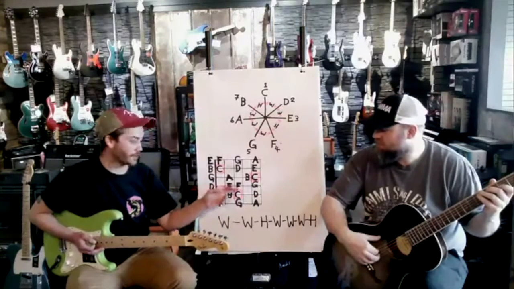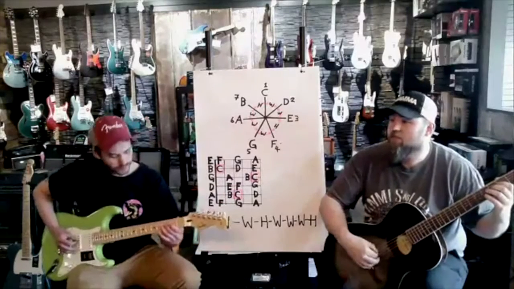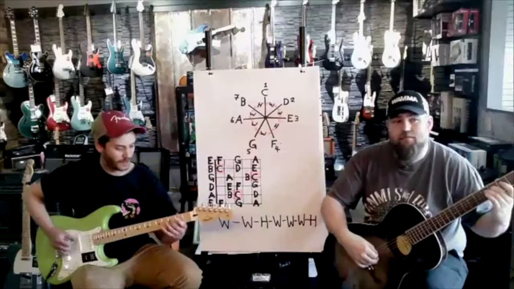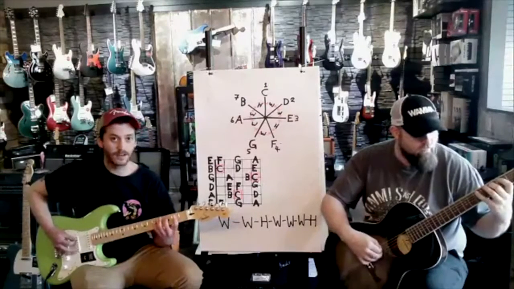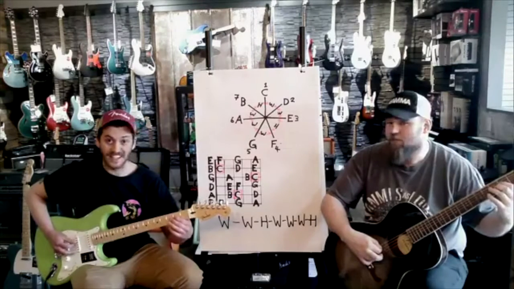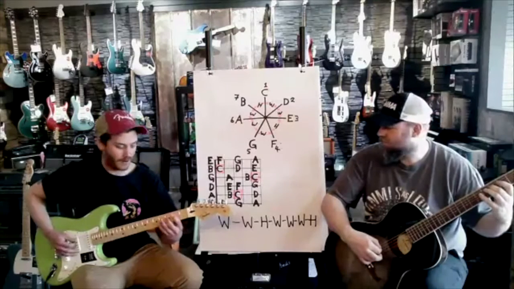Now we're going to go to 3 for that F on the D string. So once again, starting on the A, 3, 5, then on the D, 2, 3. And you can probably start to hear it now, right?